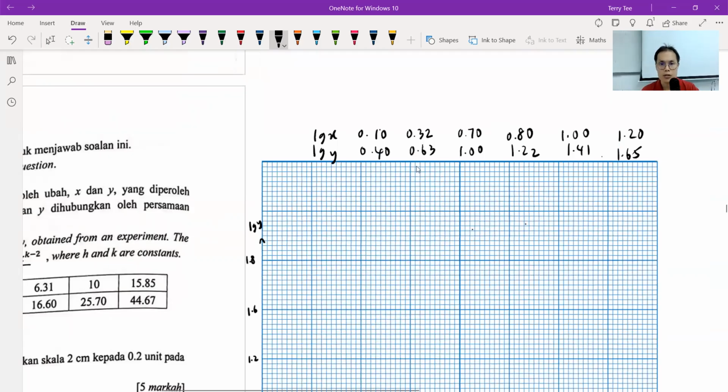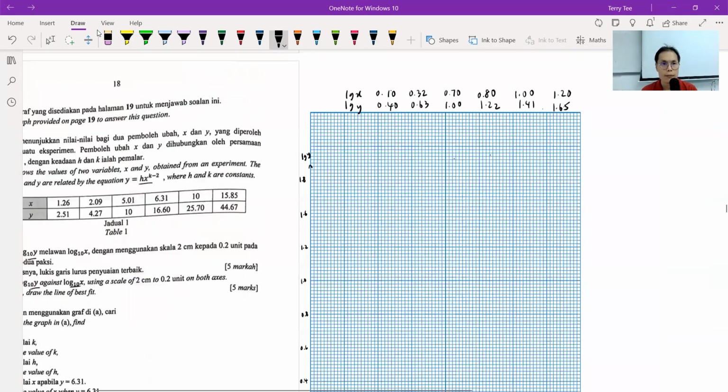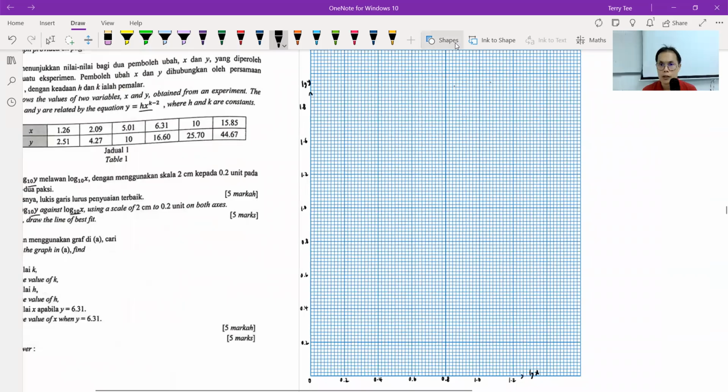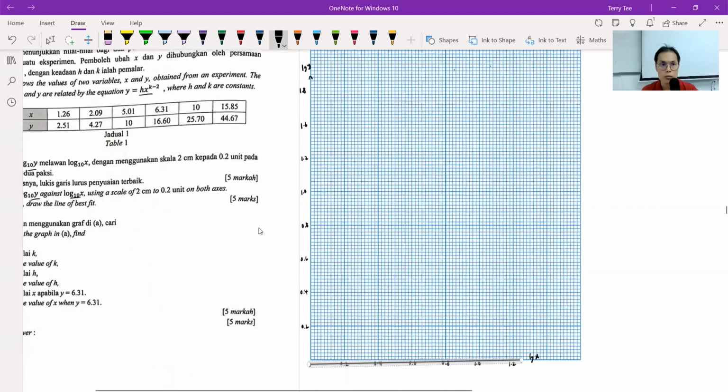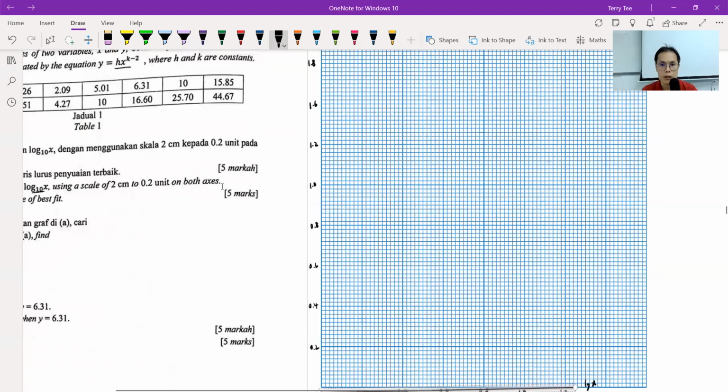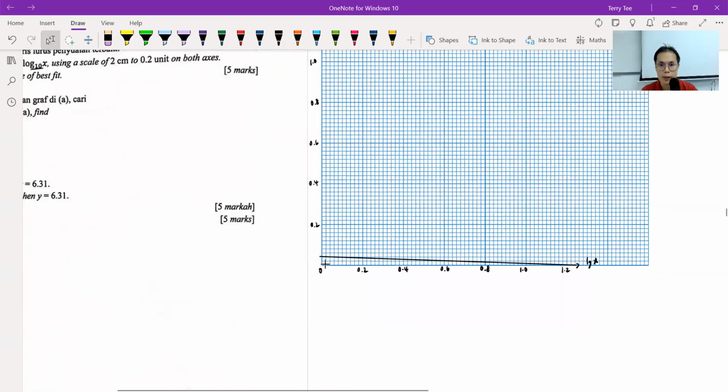Okay, let's just draw. Okay, let me draw this. Zoom in a bit. Okay, it's my x horizontal axis. Okay, let's draw a vertical axis.